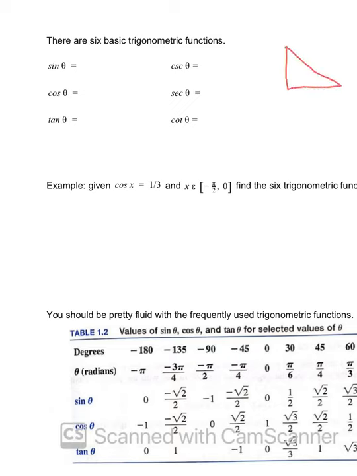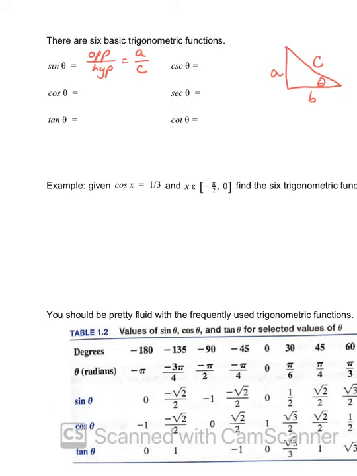In a right triangle, you have some angle theta that we're talking about here, and we have 3 sides: side length A, side length B, and side length C. Whenever I'm talking about sine of theta, I would compare the opposite side to the hypotenuse. The opposite side is A, the hypotenuse is C.